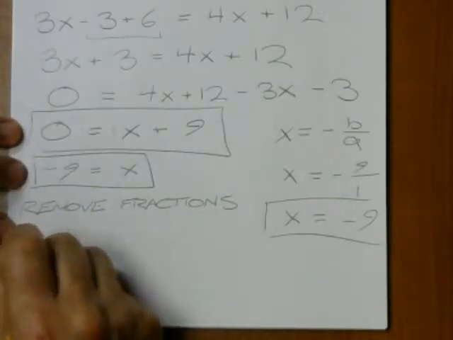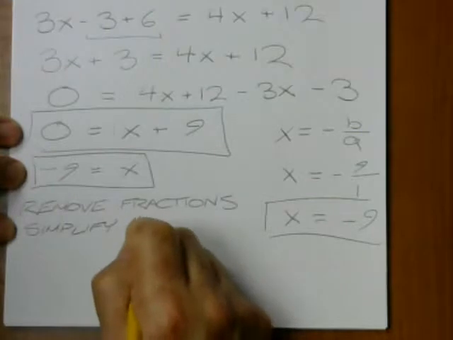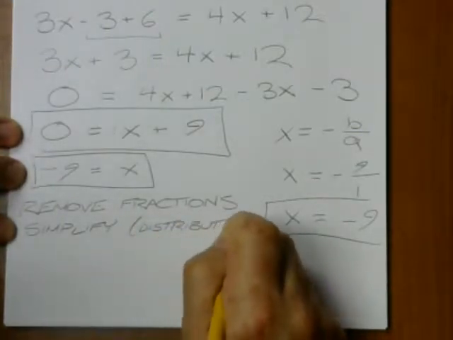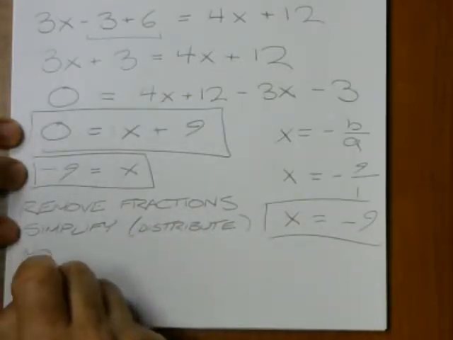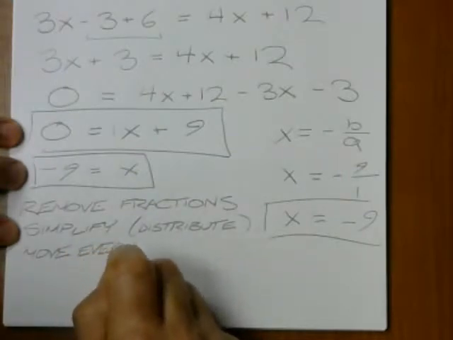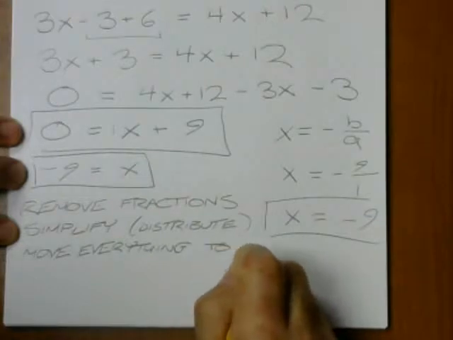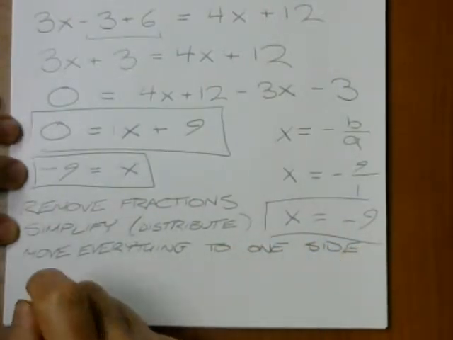Then what we're going to do is simplify, which means to distribute. That's what we did here after our multiplication. We move everything to one side. And then we combined.